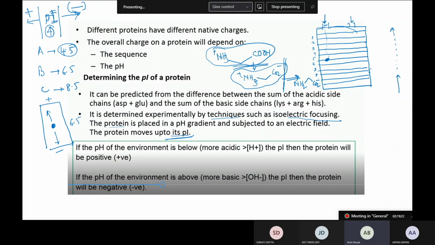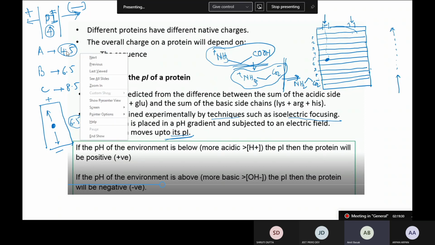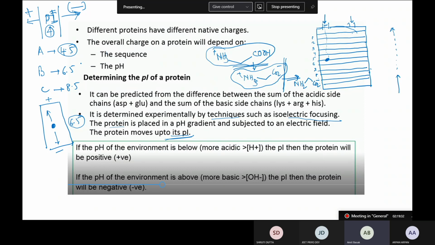The isoelectric point is 4.5 and your pH is maintained at 6.5, so you are maintaining the pH above the isoelectric point. Above the isoelectric point, it will be negatively charged. So A will have a negative charge at pH 6.5, and C will have a positive charge at pH 6.5 because it is less than its pI.